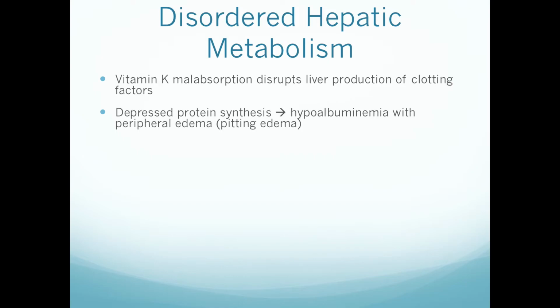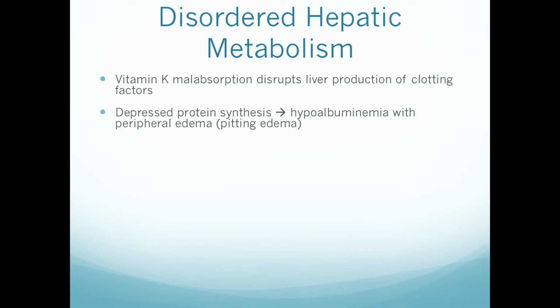Also, one of the things your liver helps to do is make proteins. When there is depressed protein synthesis, that's called hypoalbuminemia, low albumin in the blood. If there's not protein there to keep the water in the vessels, then water will go out into the body and cause peripheral edema.